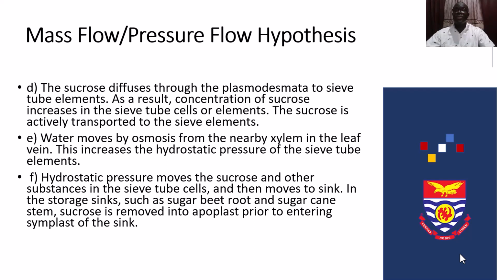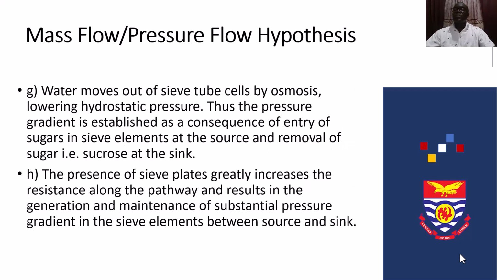Sucrose is removed into the apoplast prior to entering the symplast of the sink. G. Water moves out of sieve tube cells by osmosis, lowering hydrostatic pressure. Thus, the pressure gradient is established as a consequence of entry of sugars in sieve elements at the source and removal of sugar, that is sucrose, at the sink.